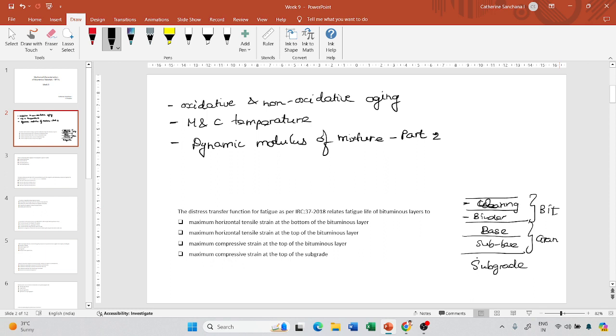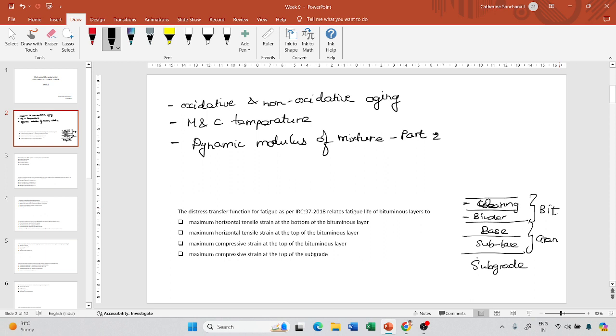The property of the bituminous layers is measured in terms of many modulus values, some of which are dynamic modulus value and resilient modulus value. The dynamic modulus value is what is covered this week. Ma'am also was saying that you need a material property for the bituminous mixture so that you can design the pavement, right?